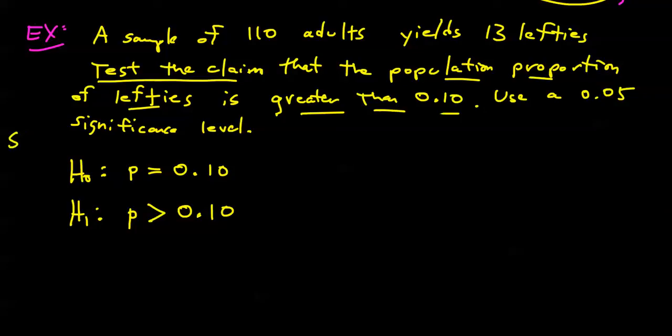This is step 1 in any hypothesis test: to state the hypotheses. And they always should be in this format: H0, p equals something, or H1, p is either greater than, less than, or not equal to something. This is going to be a right-tailed test.